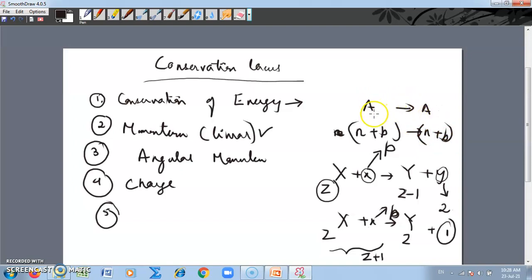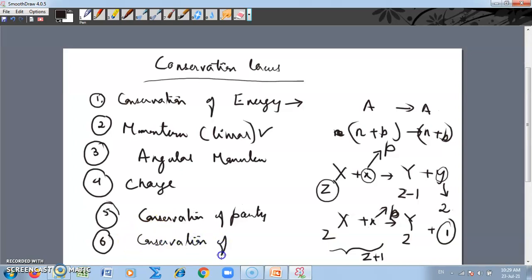Then these are certain things that are quite simple, but then there are certain things like conservation of parity. We have talked about parity in the first unit. So we have conservation of parity, conservation of isospin.